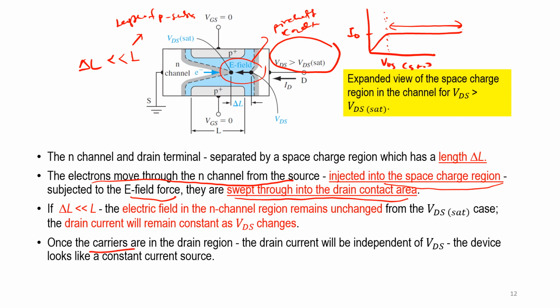Once the carriers reach the drain region, the drain current no longer depends on VDS. So ID will not depend on VDS, and the current now becomes constant.